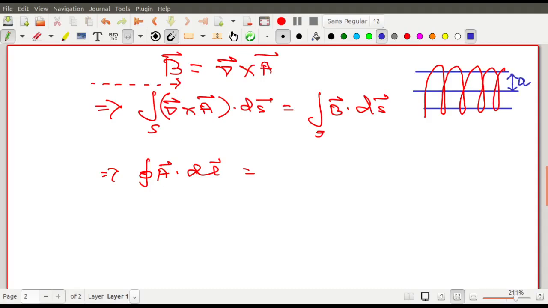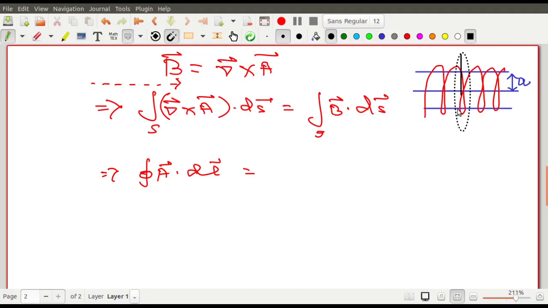This is the radius of the solenoid a. But this time you have considered the radius to be greater than the radius of the solenoid. That means the radius of the Amperian loop. So this is the radius of the Amperian loop, and the radius of the Amperian loop is greater than the radius of the solenoid.